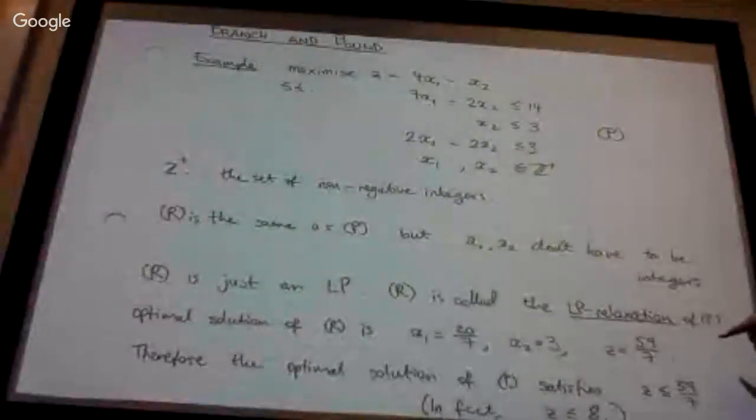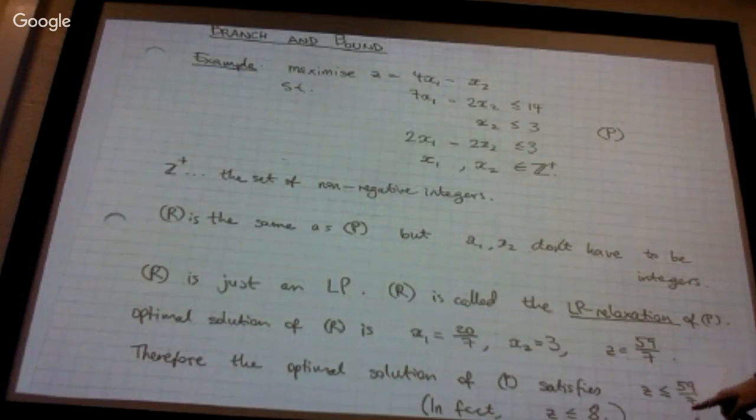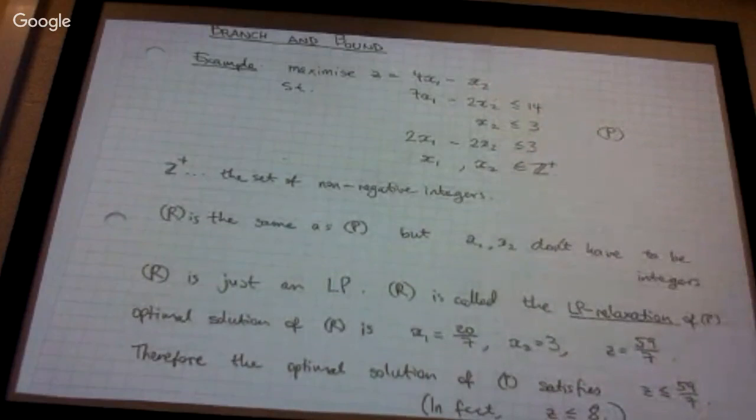That means that if we add the constraint that they have to be integers, the solution certainly can't be better. It can't be more than 59/7, because 59/7 was less than 9. The solution of the integer problem, because we know the objective is going to be an integer, can't be more than 8. Okay, and that's the idea of the bound bit.